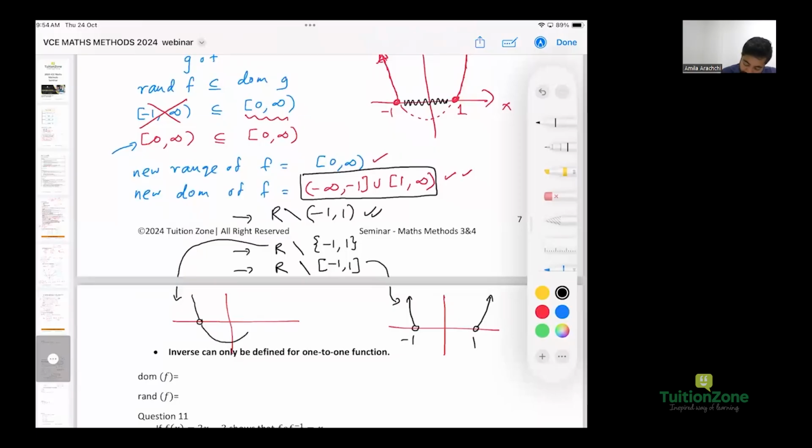A bit of a weird graph. So we need everything except -1 and the 1. Perfect. Just note things down, all the different options.